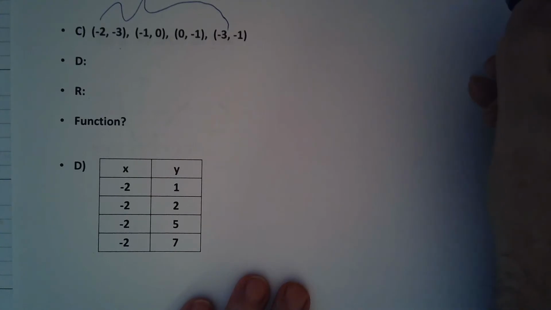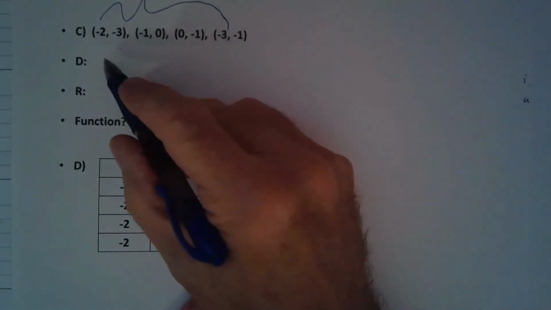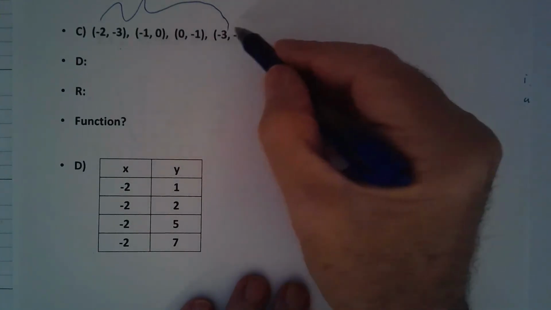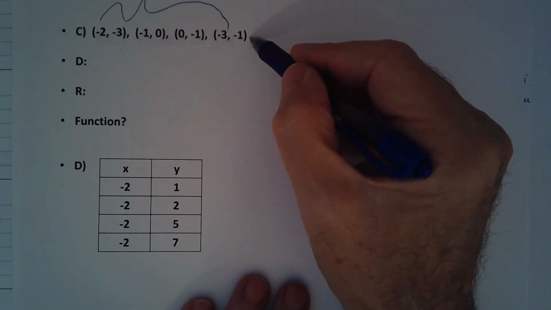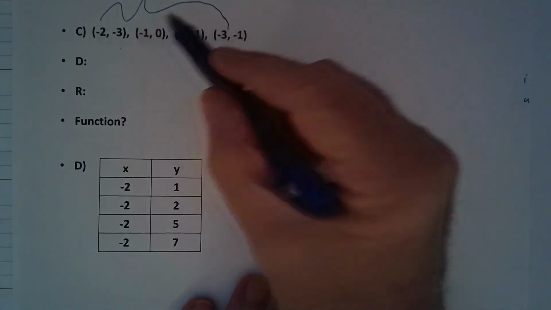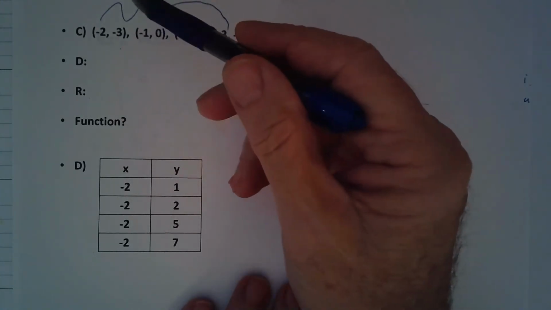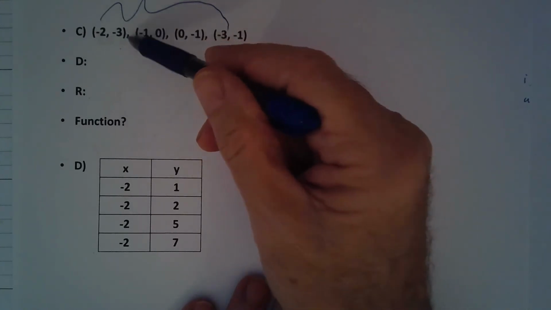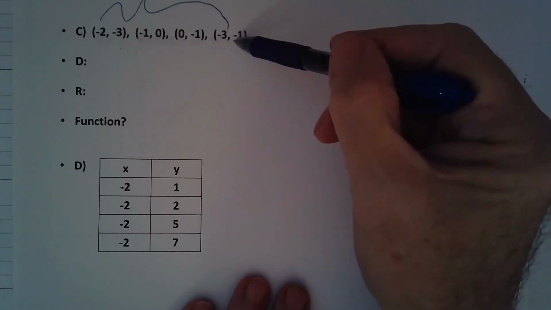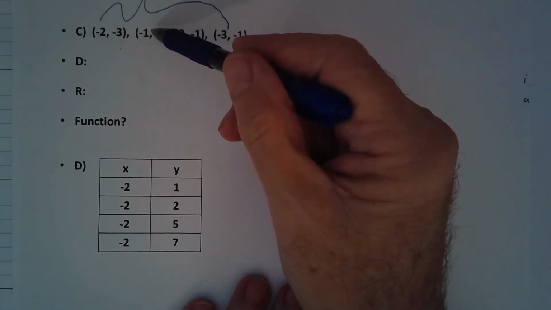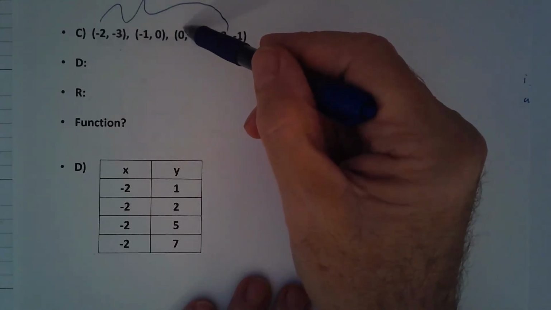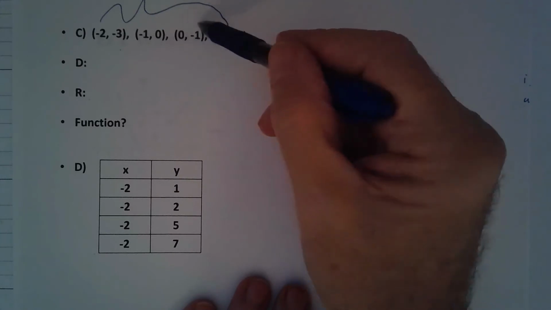And so we've got (-2, -3), (-1, 0), (0, -1), and (-3, -1). So let's look at whether or not we got more than one output for each input. So -2 has an output of -3, but it has no other outputs. -1 has an output of 0, but it has no other outputs. 0 here as an input has -1 for an output.